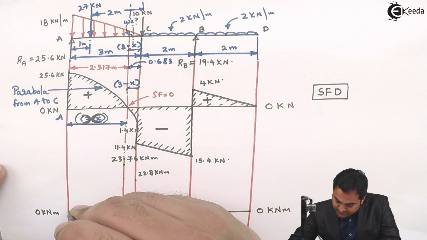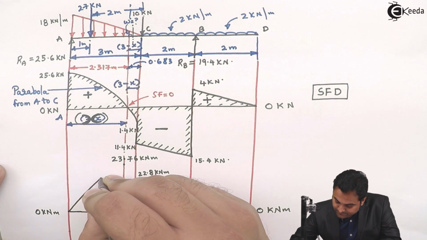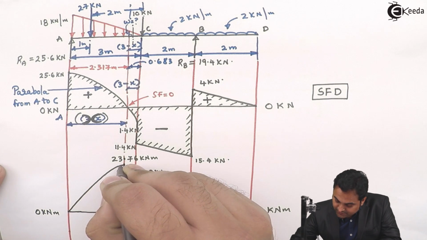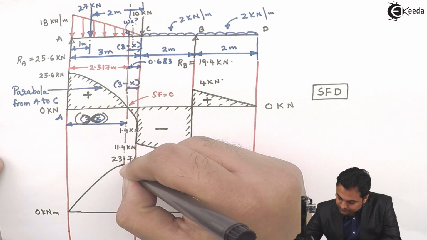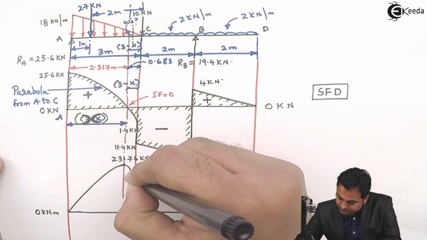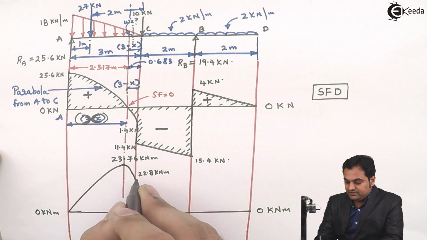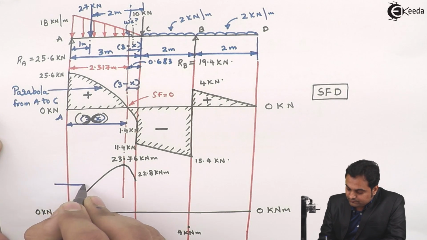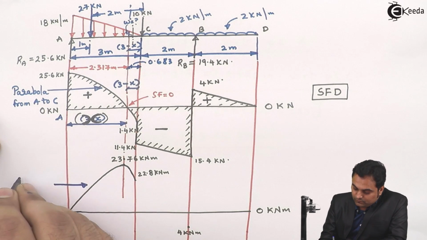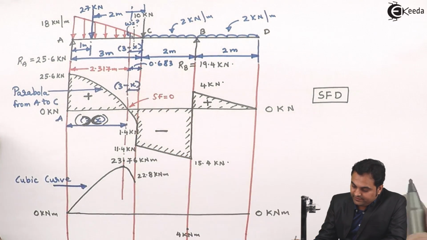So I will join this from 0 to maximum, that is 23.76. Then it reduces up to C, which is 22.8 kilonewton meter, and within this region this curve is cubic. Cubic curve from A to C.